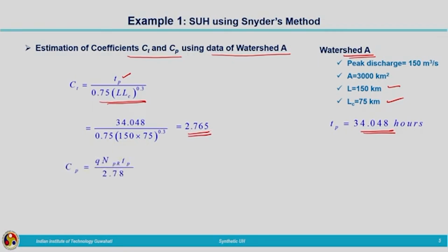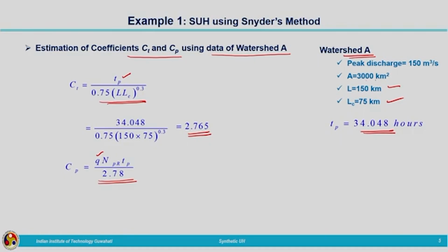Now, coming to Cp, the formula is qpR Tp divided by 2.78. qpR we do not have. Actually this small q is the discharge divided by the area of the catchment. We have been given the peak discharge, but we do not have the value of the small q that we need, that is capital Q divided by the catchment area.